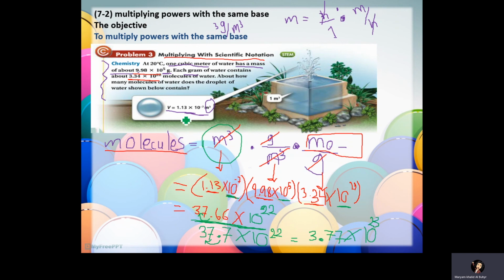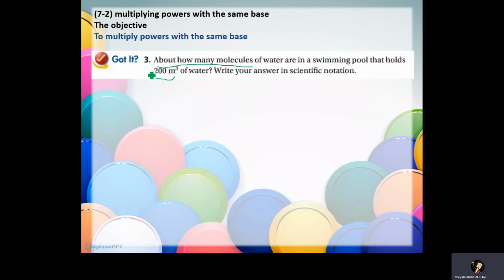So instead of 1.13 times 10 to the power 7, I'm going to use 200. So let's find the molecules of water. I'm going to write only MO, because I don't want you to confuse it with the meter.